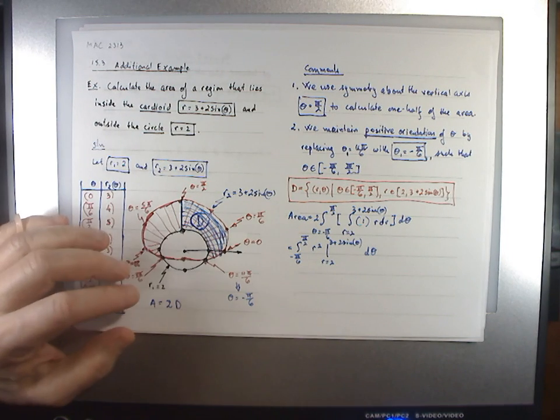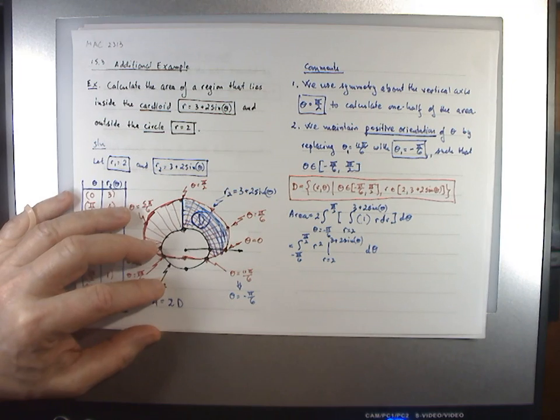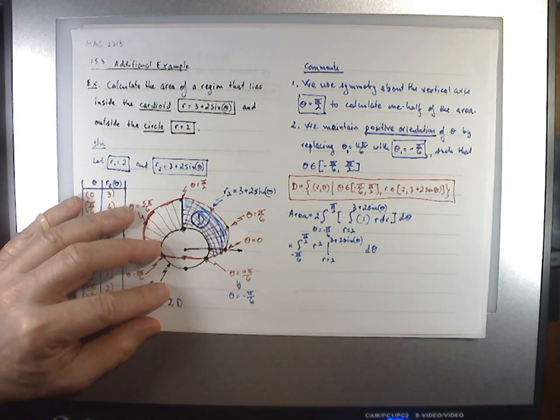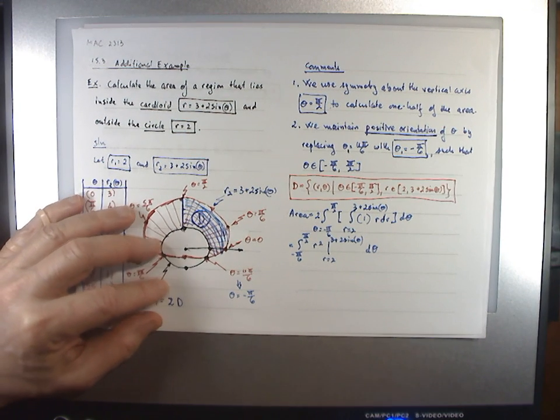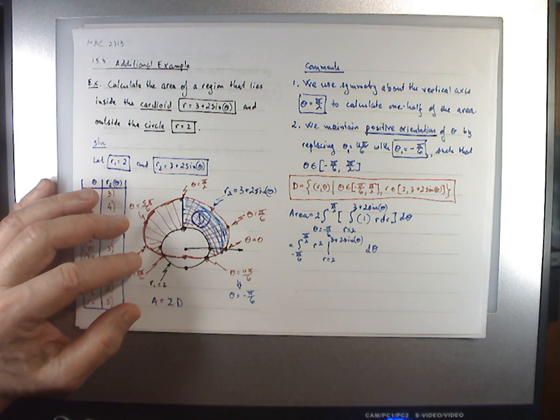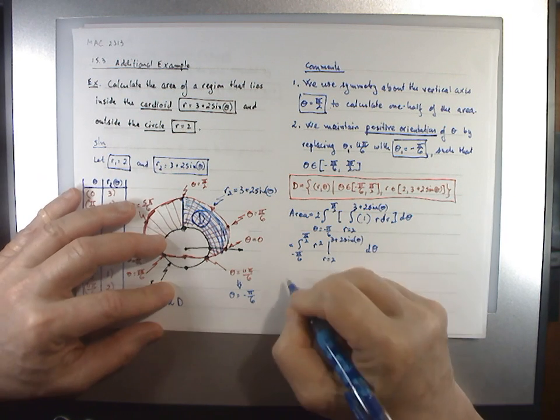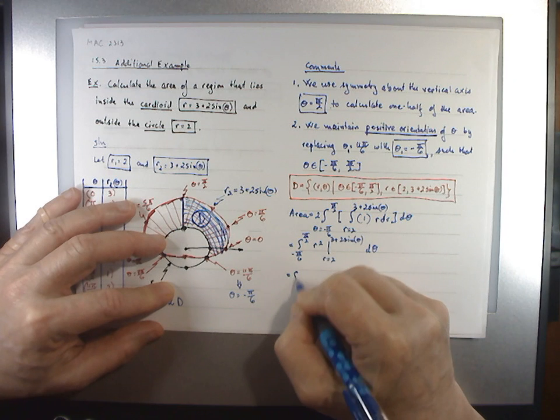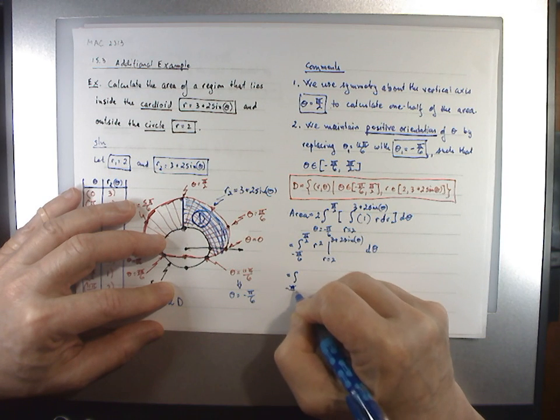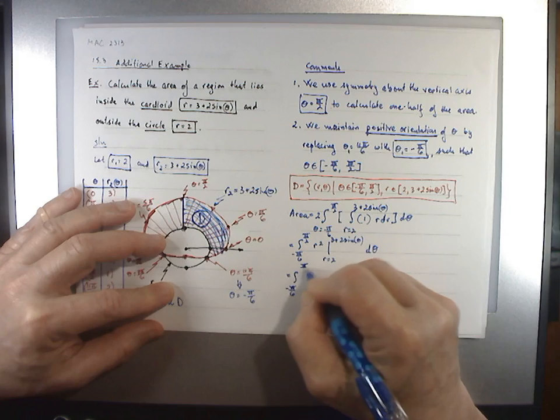All right, so we evaluate it. This equals the integral from negative pi over 6 to pi over 2.